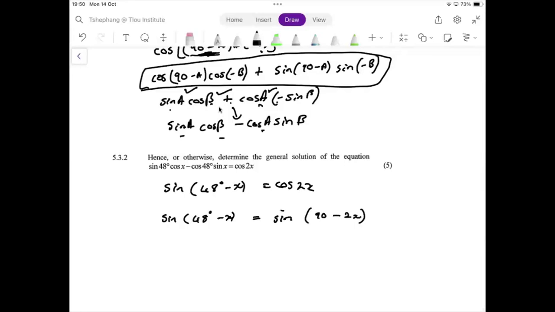Okay. Now, if that's the case, then we can simply say the angles themselves have to be exactly the same. So 48 degrees minus x is equal to 90 minus 2x plus k 360.